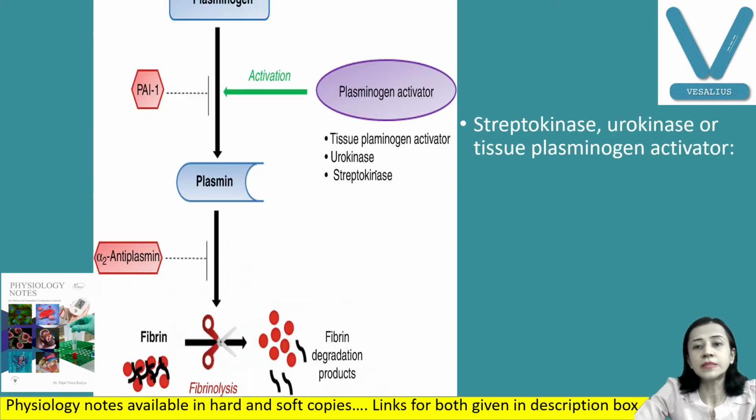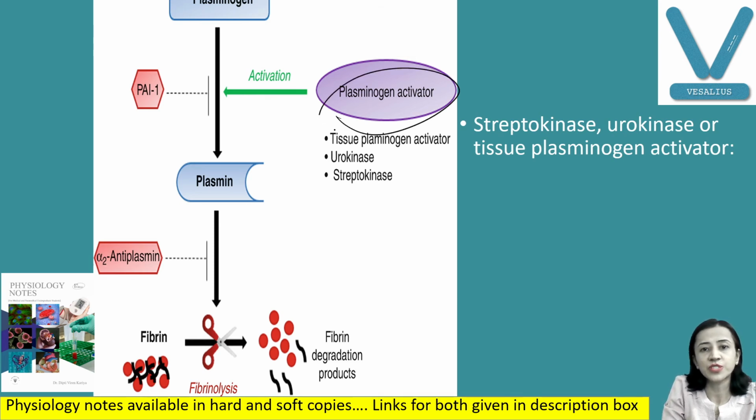Then in an emergency condition, a drug such as streptokinase, urokinase or tissue plasminogen activator is given. And how does it act? It causes activation of plasminogen.